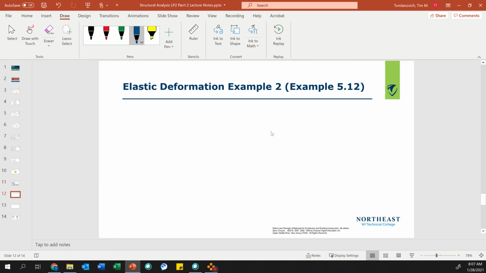All right. Example 2, 5.12 in your book. I am on page 282. I'll read the problem out loud to you. It says, determine the allowable load capacity of the column shown, assuming that the allowable compressive stress, FC equals 600 psi, accounts for the buckling potential.